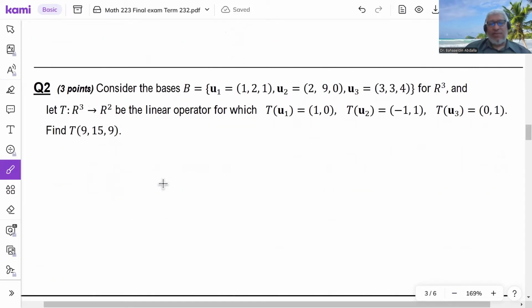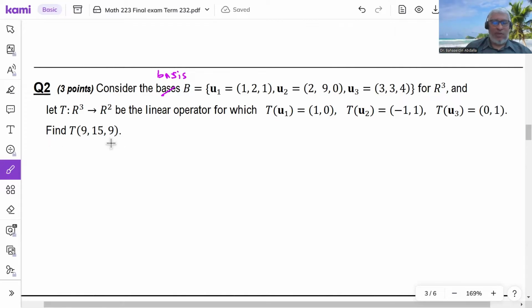Consider the bases B for R3, and T is a linear operator defined by this. So T of U1, T of U2, and T of U3 are given.